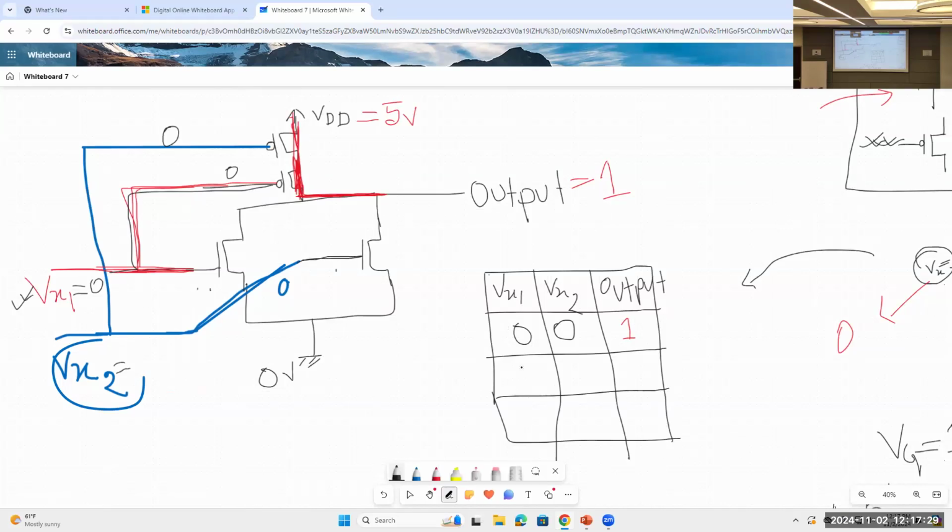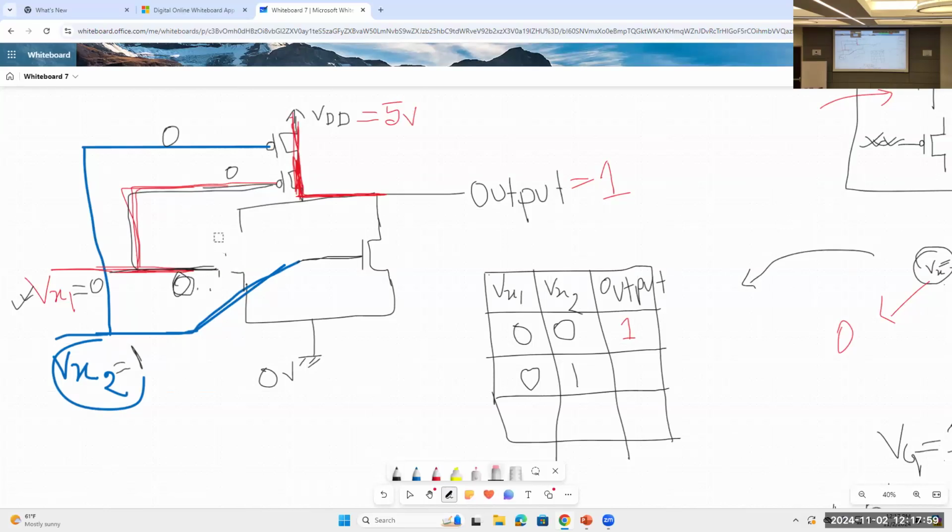In the next combination, we have to check with 0 and 1. I mean, we have to set VX1 to 0 and VX2 to 1. Okay, let's do that. Let's treat VX1 first. VX1 equal to 0 will come to this NMOS, and if it gets 0, the NMOS will be turned off.